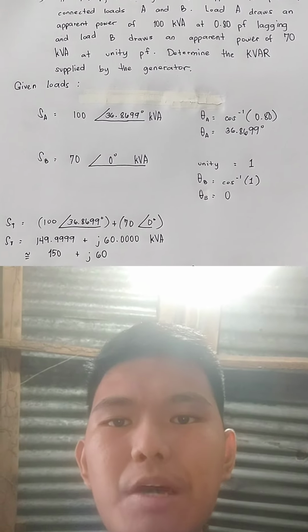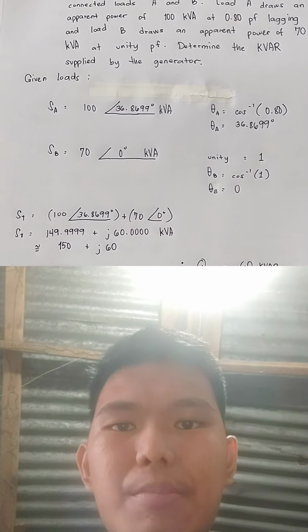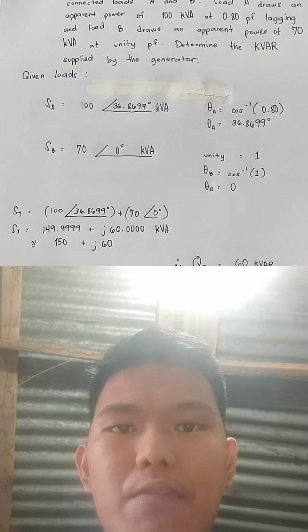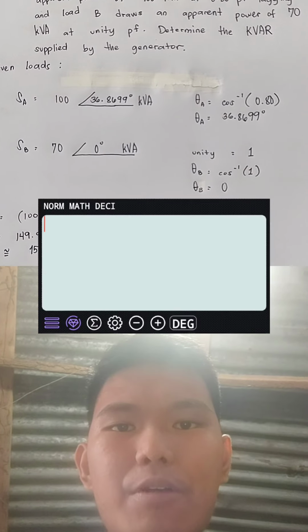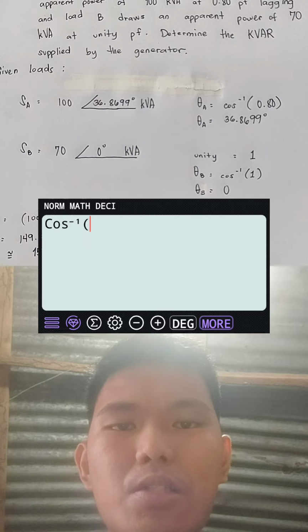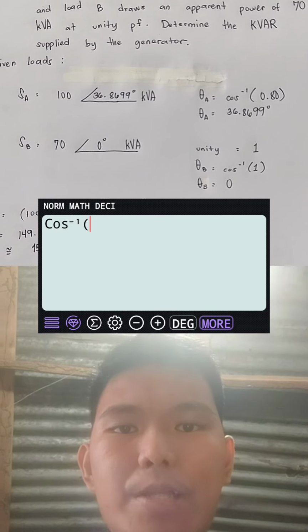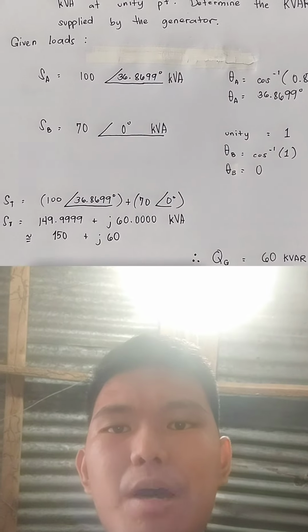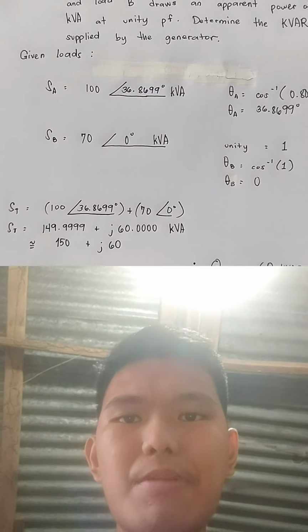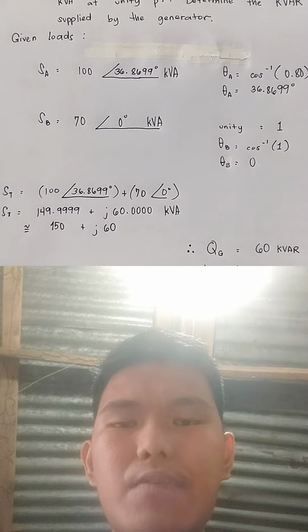For the complex power for load B, 70 angle 0 kVA came from, since unity is equal to 1, our formula is theta B equals cos raised to negative 1 of 1 equals 0. So our complex power for load B is 70 angle 0 degrees kVA.